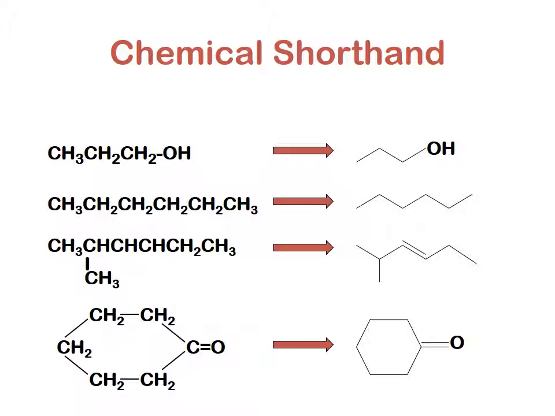But this is a good example of where you have your straight chain, and then you have a hydrocarbon functional group attached onto it. This is actually 2-methyl-3-hexene. But I don't make you do that. All right. This is a ketone.